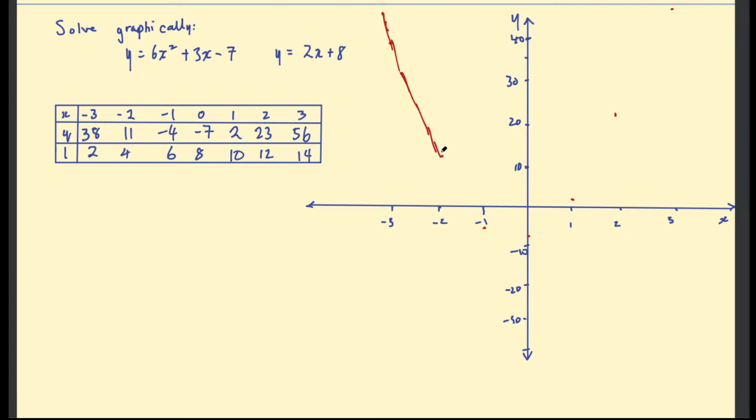Okay, alright, this is not a good drawing, but I'm going to cheat a little bit and draw a straight line there. Okay, wow, that's horrible. That is the graph of y equals 6x squared plus 3x take 7. Let's use a different color.